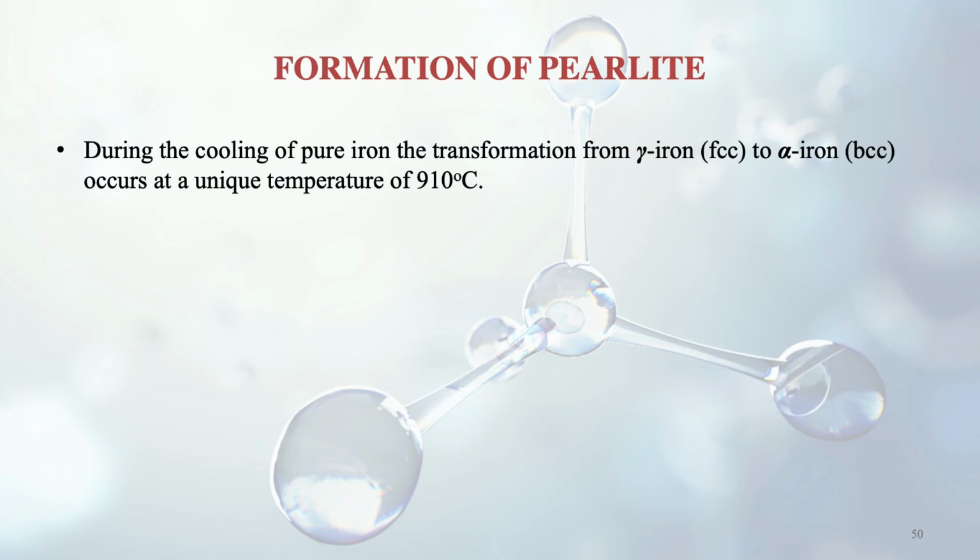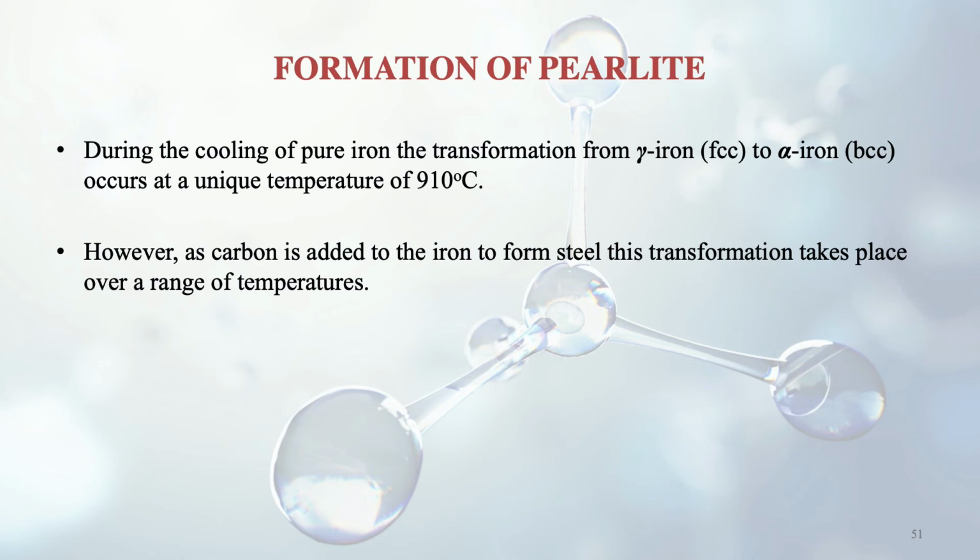During the cooling of pure iron, the transformation from gamma iron to alpha iron occurs at a unique temperature of 910 degrees centigrade. Like you have studied earlier, gamma iron is nothing but austenite and it is face centered cubic. It changes to alpha iron, which is mostly ferrite, and is body centered cubic.